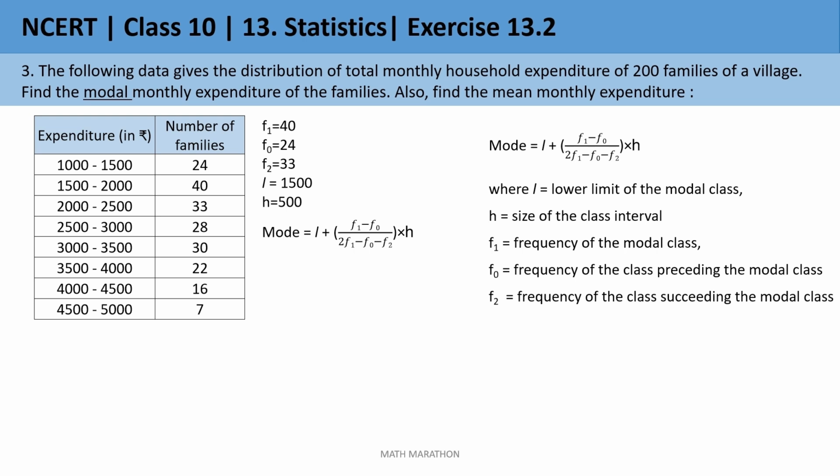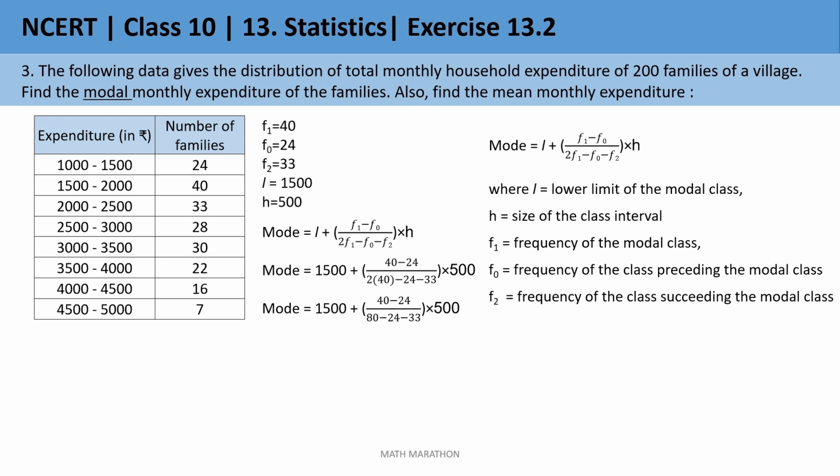Formula to calculate mode is L plus (F1 minus F0) divided by (twice of F1 minus F0 minus F2) multiplied by H. Mode is equal to L which is 1500 plus F1 which is 40 minus F0 which is 24 divided by twice of F1 which is 40 minus F0 which is 24 minus F2 which is 33 multiplied by H which is 500.